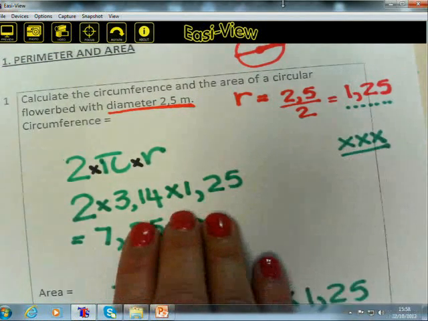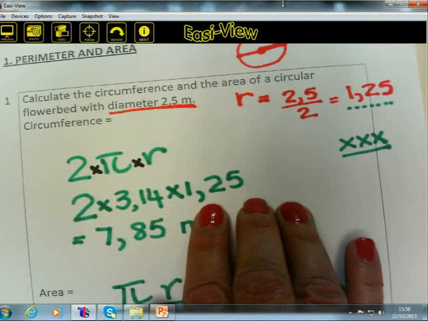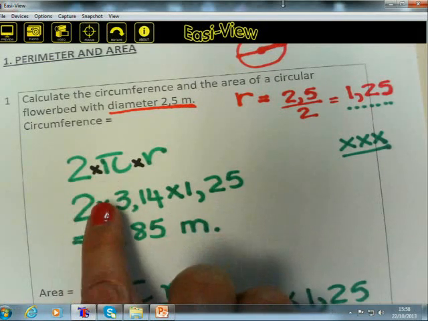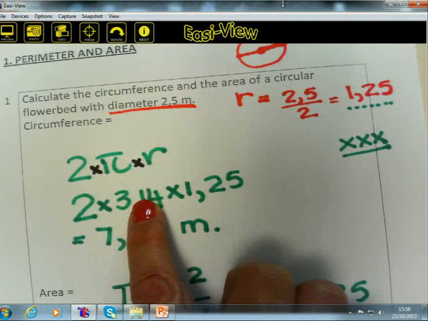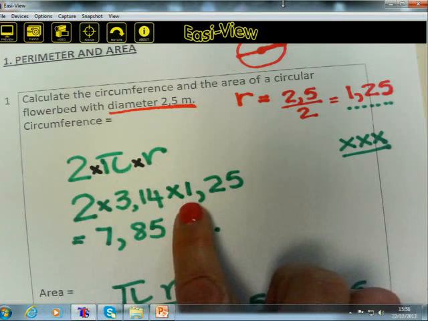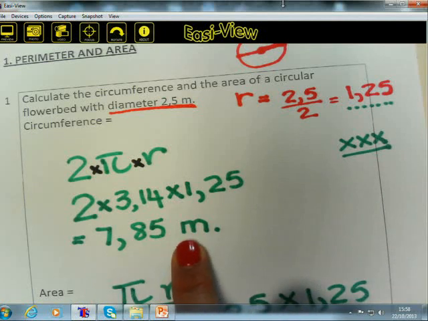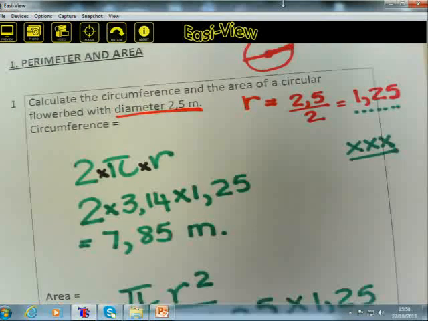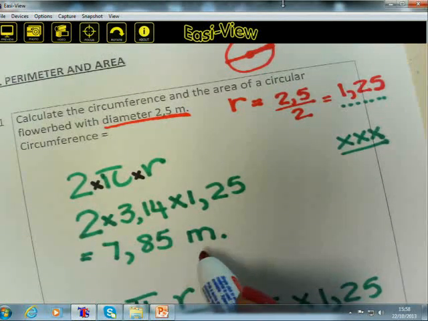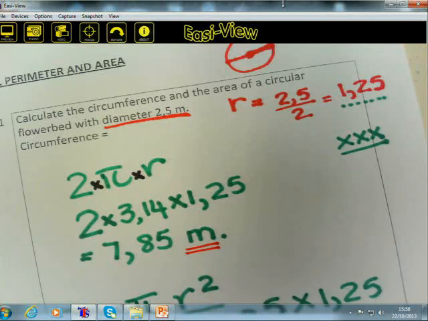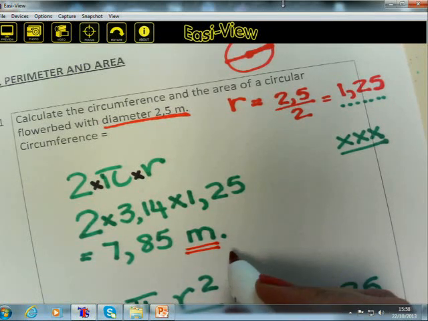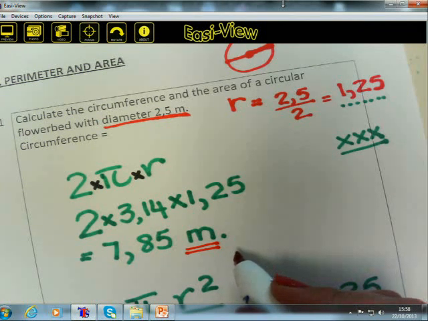And then you go on and you work with 1,25. So it's 2 times 3,14 times 1,25. And you get the answer. Another red light. Make sure you have the unit. Otherwise, you will be penalized if you do not give us the unit.